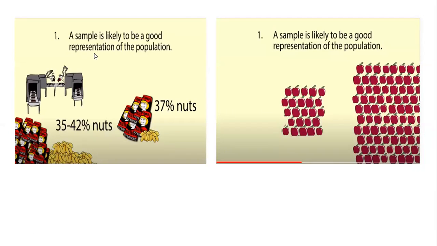Always, when you are conducting research, you need to be concerned about selecting a sample, because your sample should consist of a credible or valid number of participants from your population. For example, in this picture, this is an apple garden, and this is a sample that has been taken.